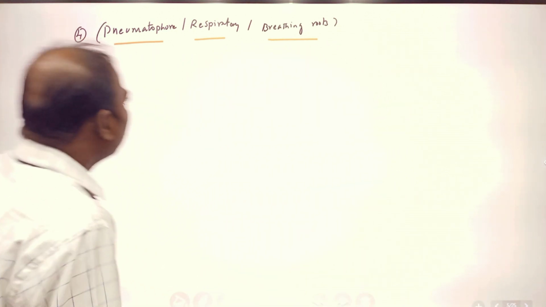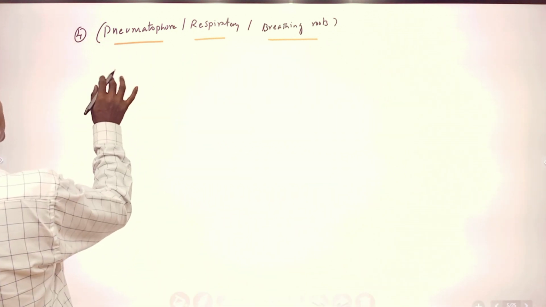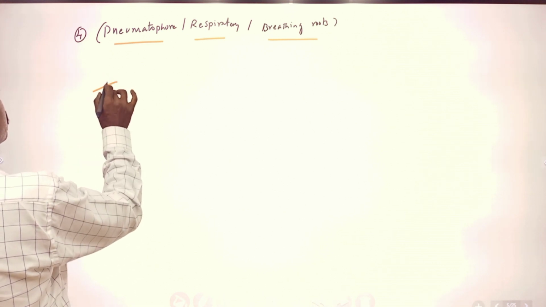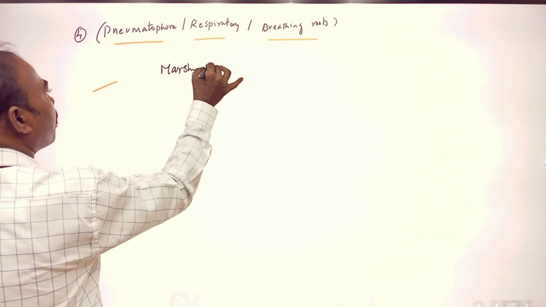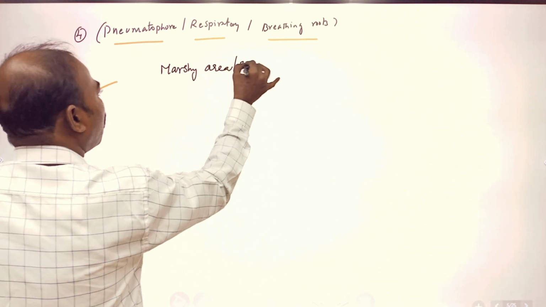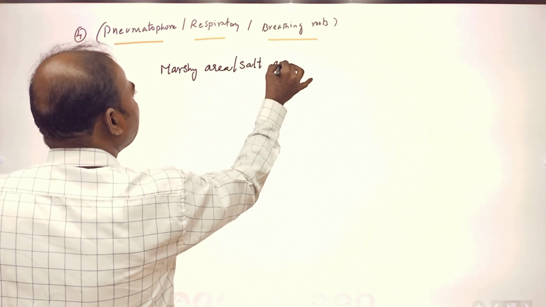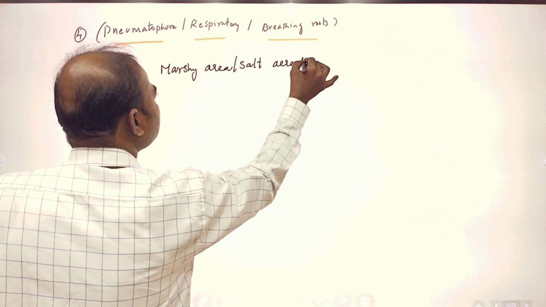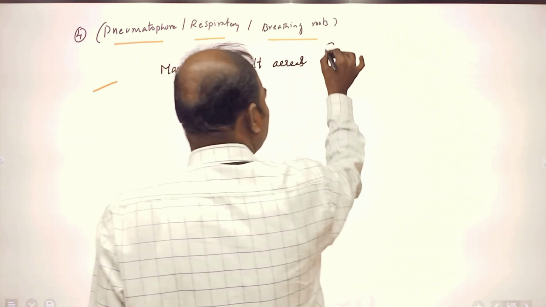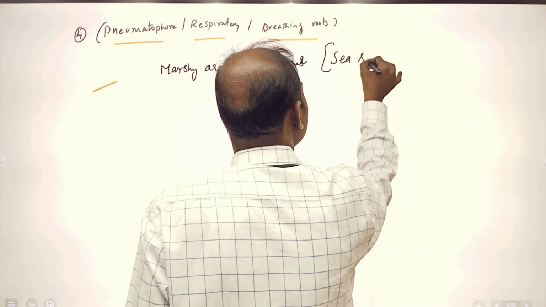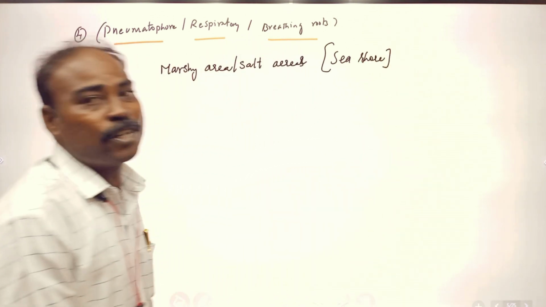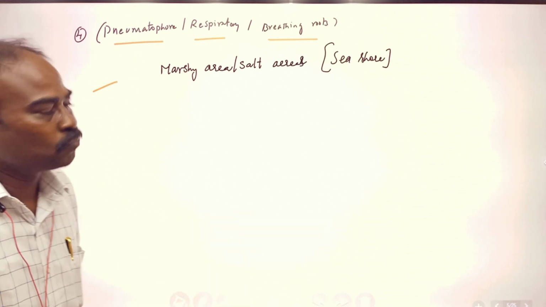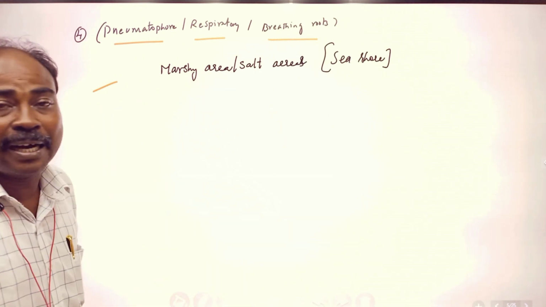These are found in plants which grow in marshy areas or salt areas, like seashores, marshy areas, saline areas.